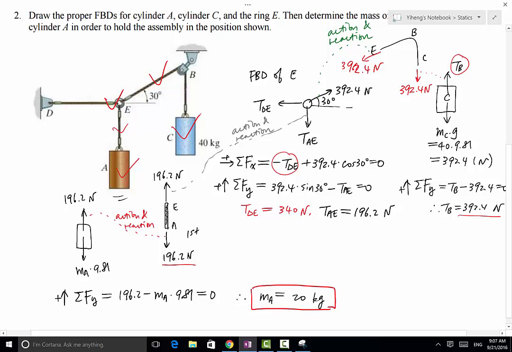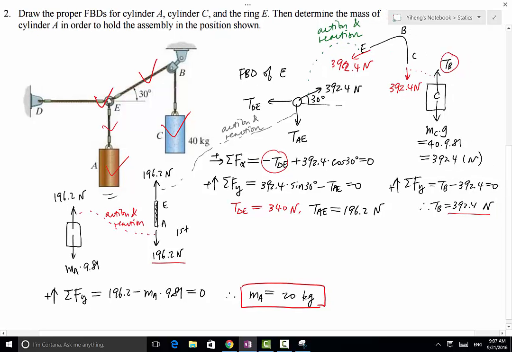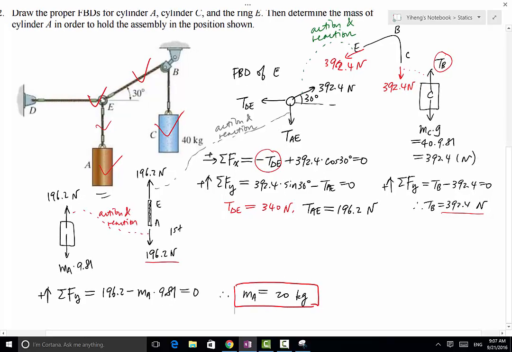So if you look at this problem right here, we applied Newton's first law for equilibrium the first time, and then a second time, and then a third time here, even though I didn't write out the equation explicitly, and then a fourth time.